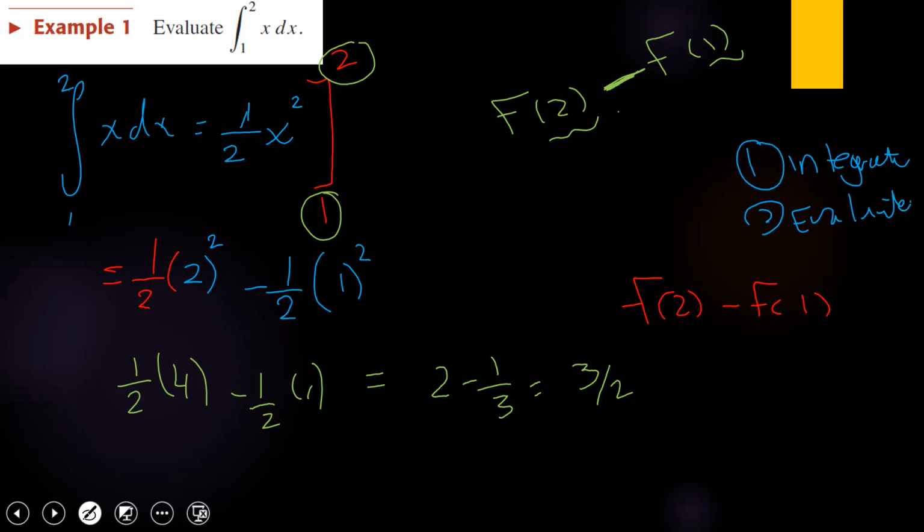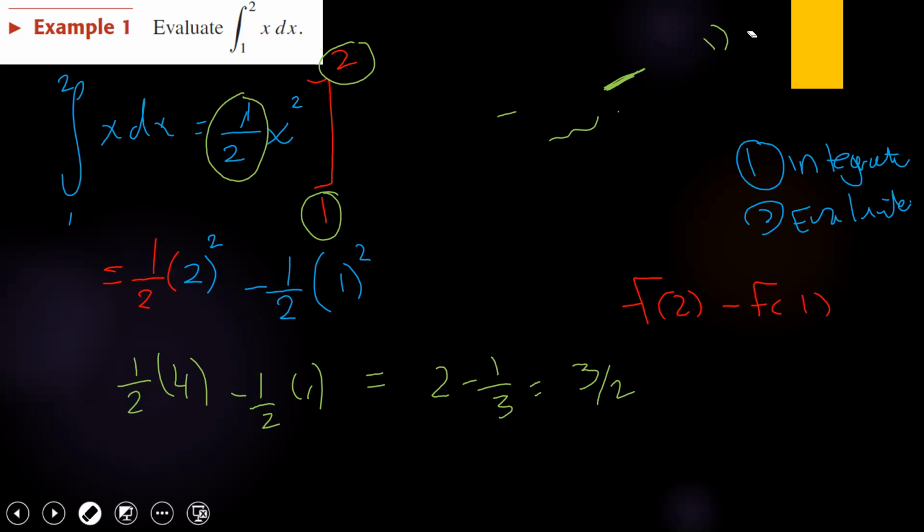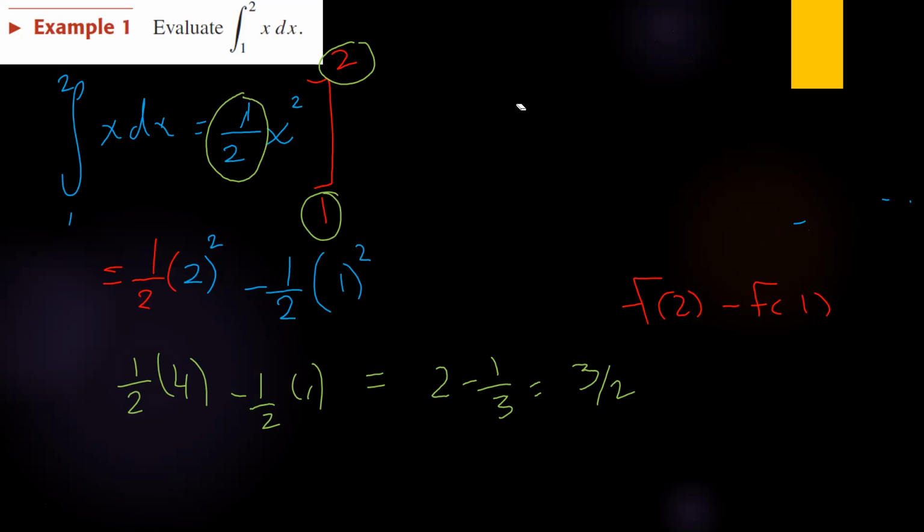Is it clear? Yes. Can you repeat from where we got the half? This half here? Yes. Here, as you remembered in how to integrate, if you have x to the power n, what did we say?